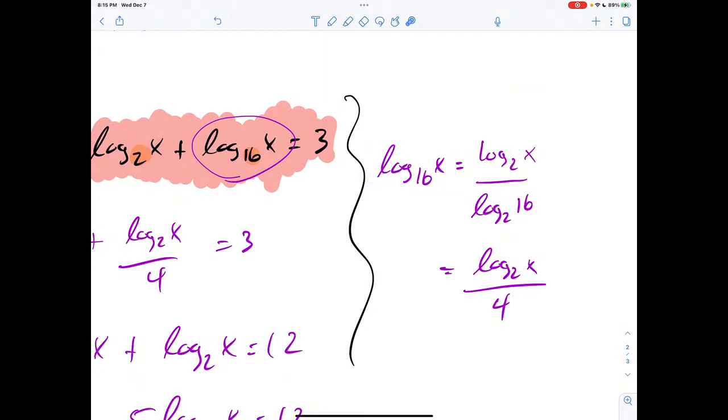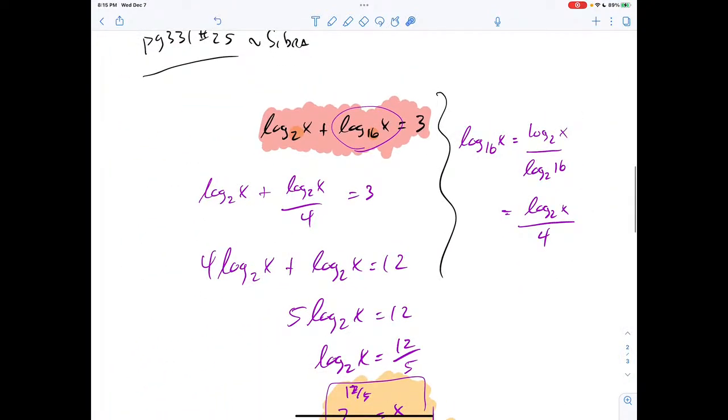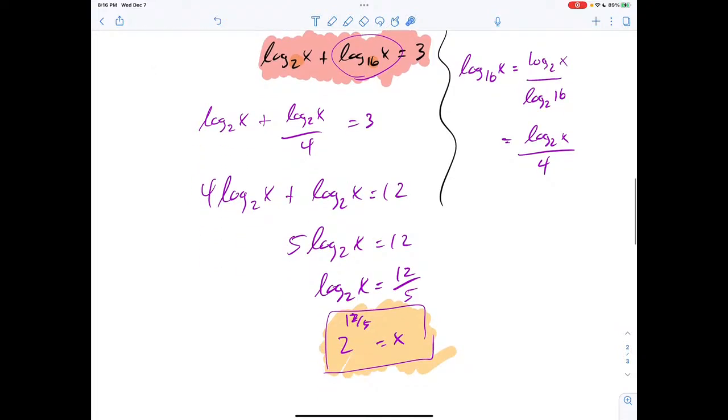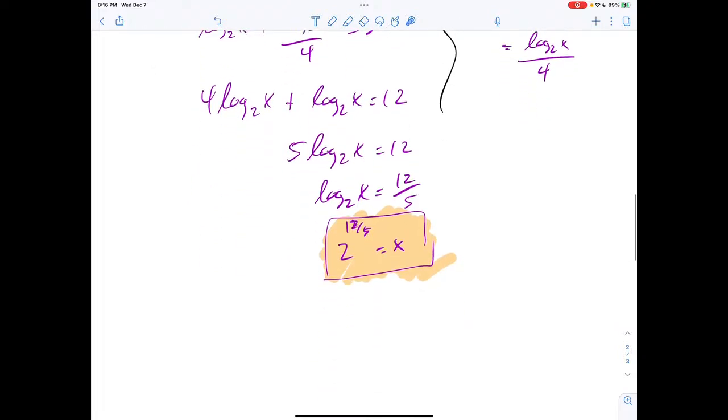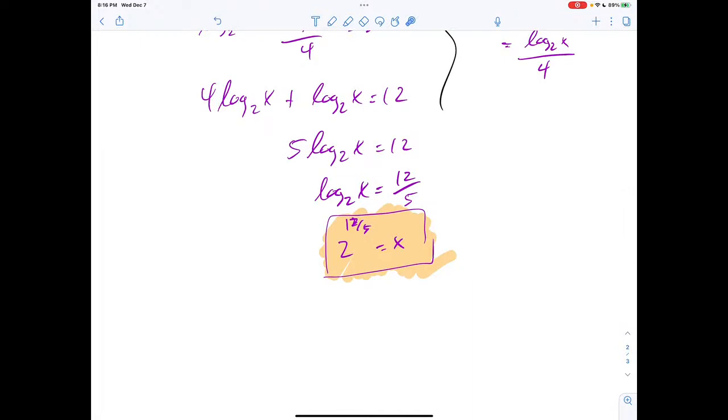So I did my change of base formula, and I got log base 2 of x over 4. And I subbed that into this equation, multiplied across by 4, collected like terms, and then switched to exponential, and I got my answer. It was a little bit messy, but that is the answer.